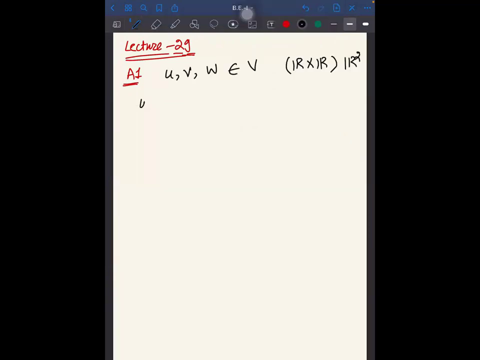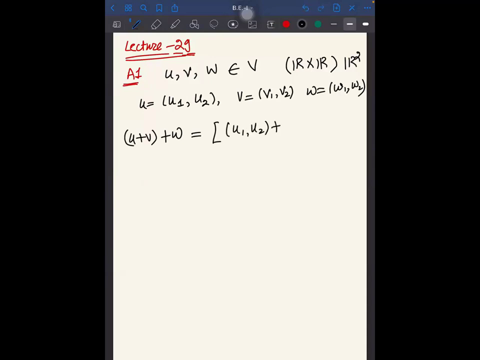Now we assume that u is (u1, u2), v is (v1, v2), and w is (w1, w2). If you take (u + v) + w, you are taking (u1, u2) plus (v1, v2), and then you add (w1, w2) to this.